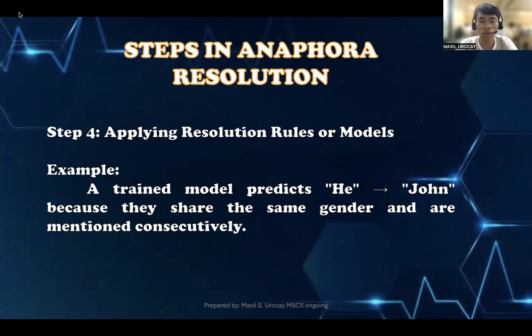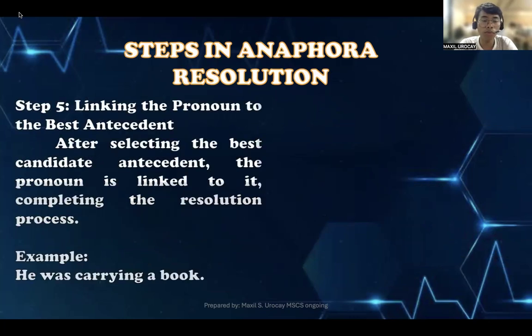Okay. So there will be a last step, step five, which will be linking the pronoun to the best antecedent. In this case, after selecting the best candidate antecedent, the pronoun is linked to it, completing the resolution process. Like for example, he was carrying a book.